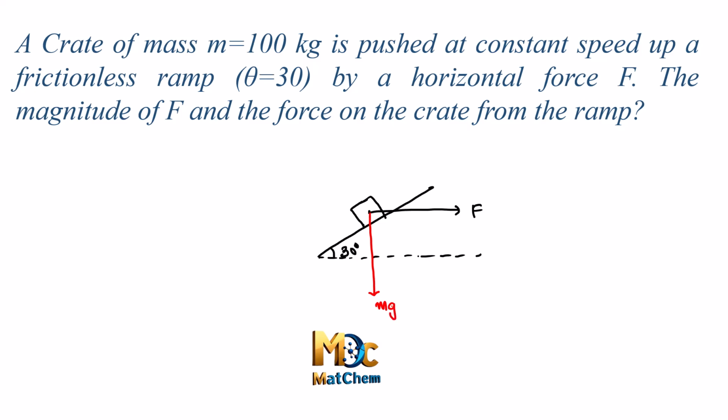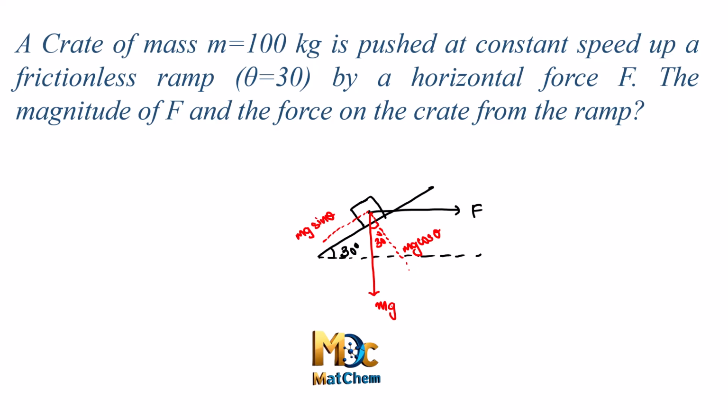Since this angle is theta, equal to 30 degrees, if you make a perpendicular to the ramp, this angle will also become 30 degrees. So we can resolve mg into mg cos theta and mg sin theta.